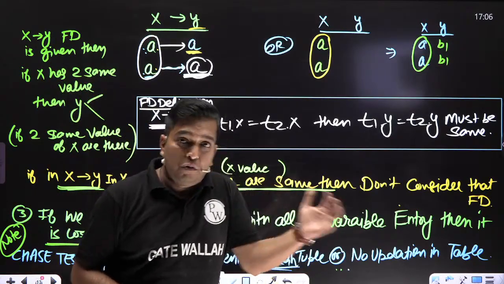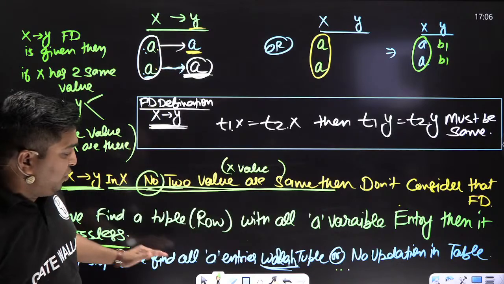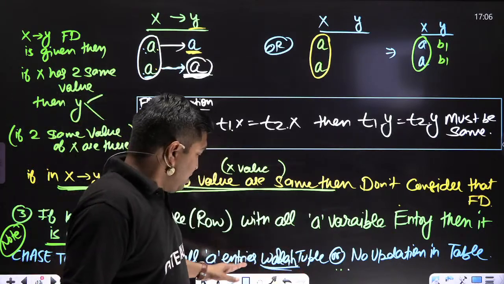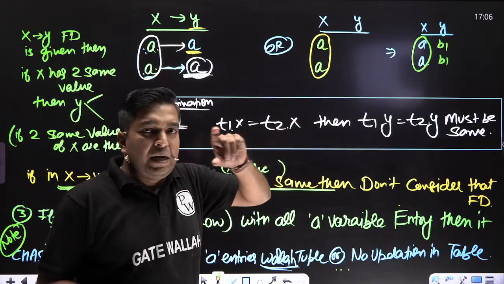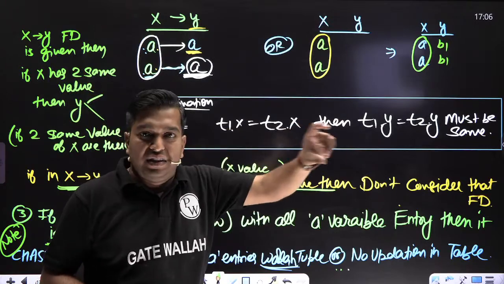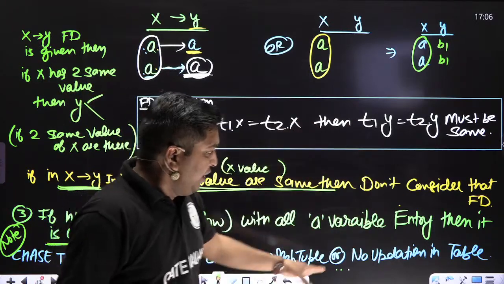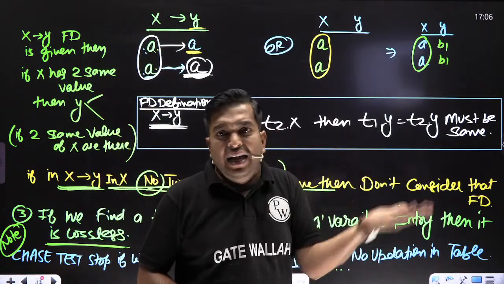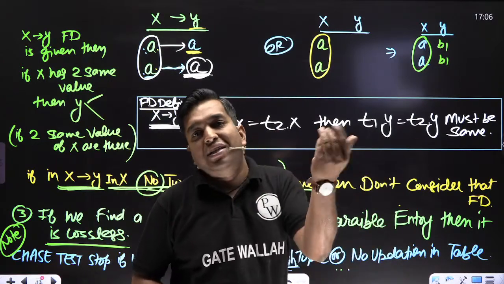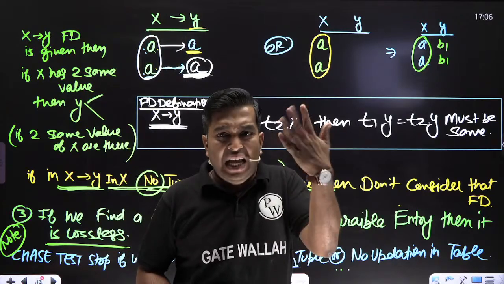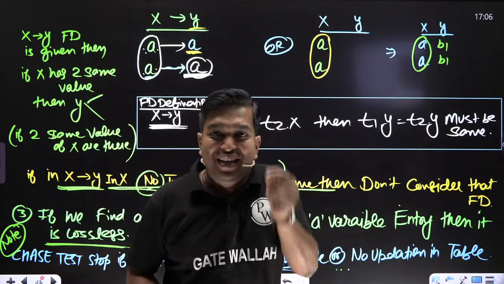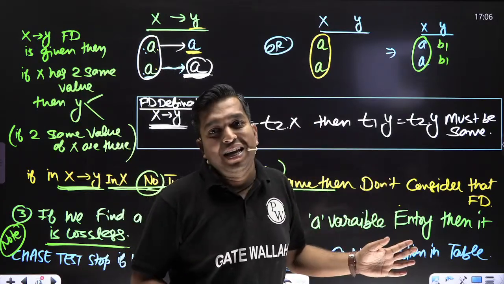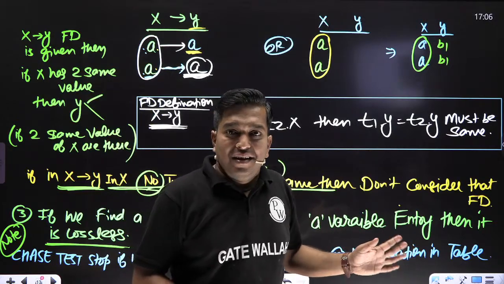So we stop the chase test if we find a tuple in which all entries are A, or you try to fill the entries but there is no updation in the table. Then it will be lossless. Clear? Are you getting my point?